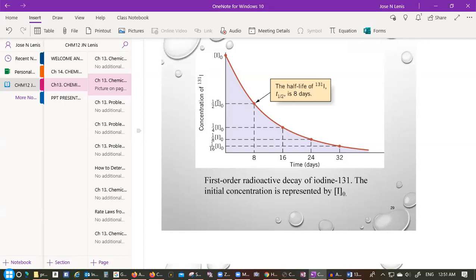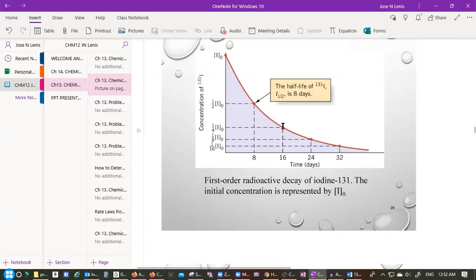What happened after another 8 days? The material also decays through radioactive emission, and exactly after another 8 days, the amount you have here goes exactly half with respect to the previous one. And with respect to the initial, it will be 1/4.